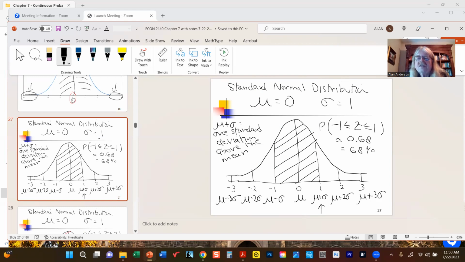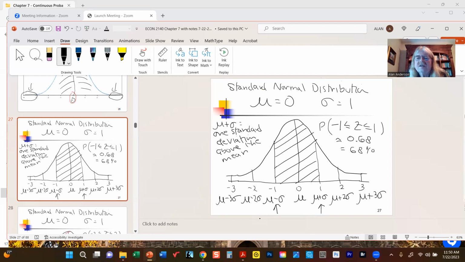So what this means is that the mu plus sigma applies to all normal distributions. The 1 means that this is the standard normal. Now, mu minus sigma will therefore be 1 standard deviation below the mean. Or using the values 0 and 1, you could see that would add up to -1.